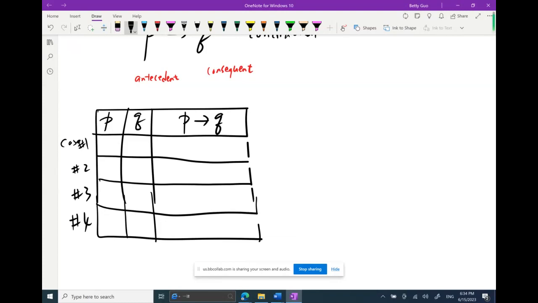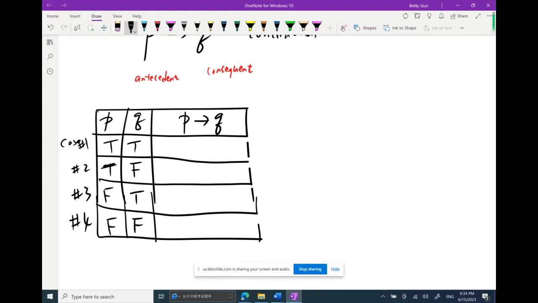Do you remember the four cases for P and Q? Please remember the order is always TT, TF, FT, and FF.